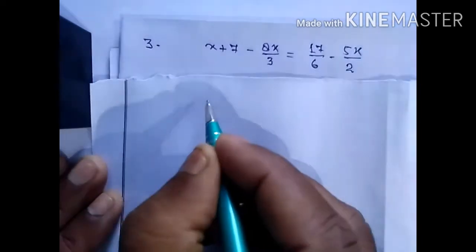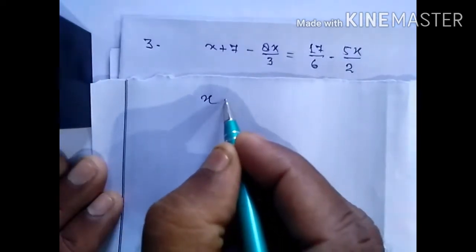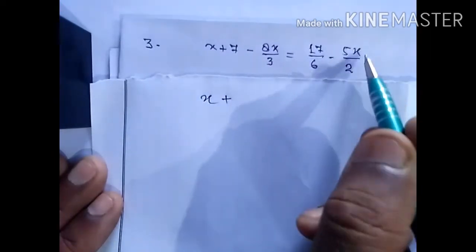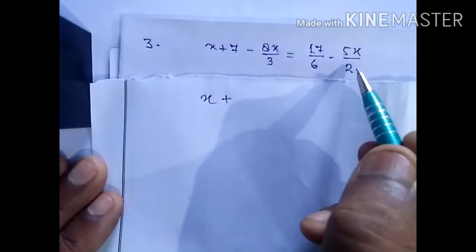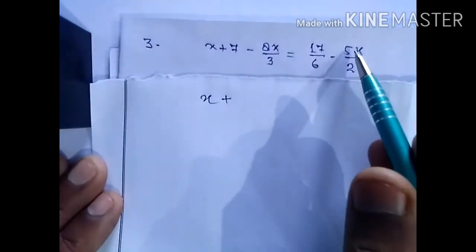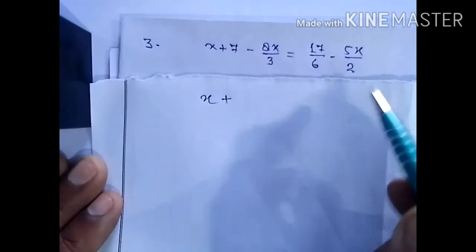So it will be x plus this one, student, minus 5x by 2. So after transposing it will be plus 5x by 2.